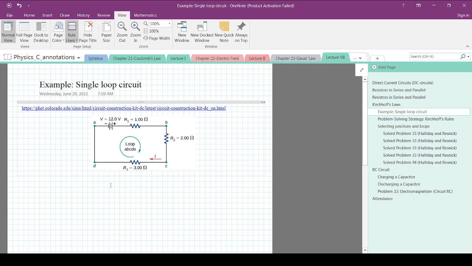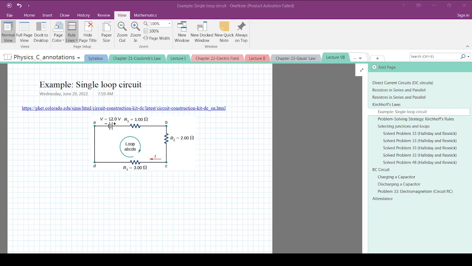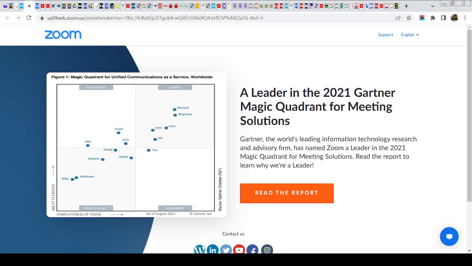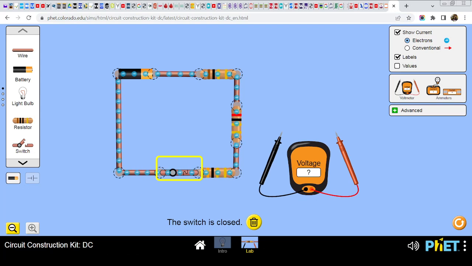Let's see, for example, these kinds of circuits. Let's imagine this circuit here. I'm going to share my whole screen with you guys, and I built this circuit here in a simulator.